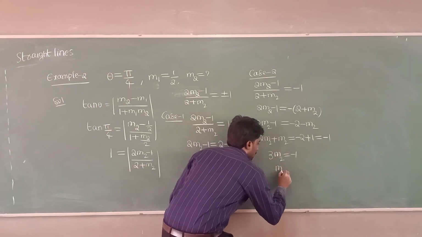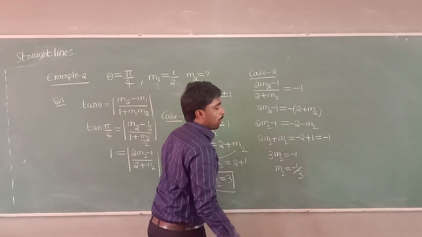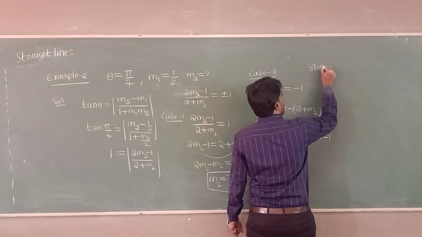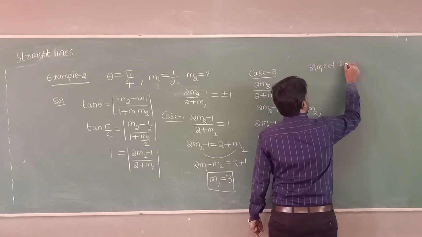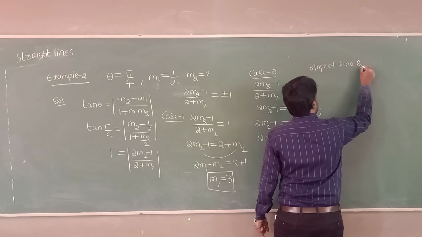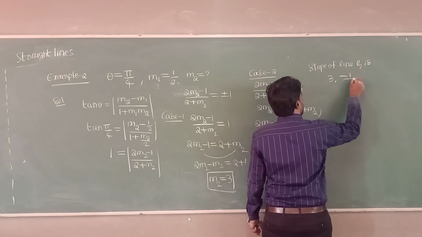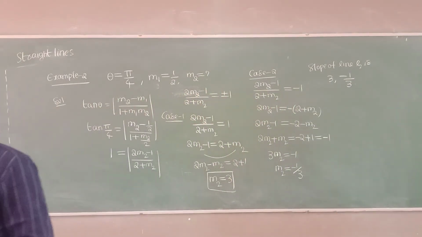So m2 equals minus 1 by 3. Now the slope of line L2 is 3 comma minus 1 by 3. Is it clear everyone? All of you note this.